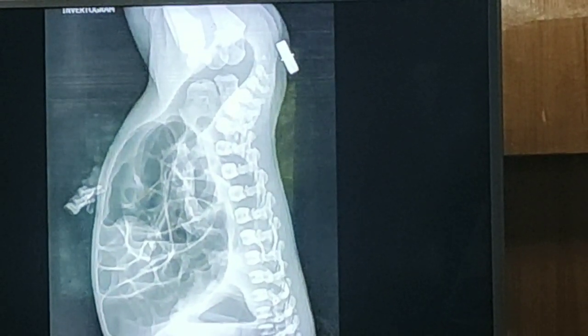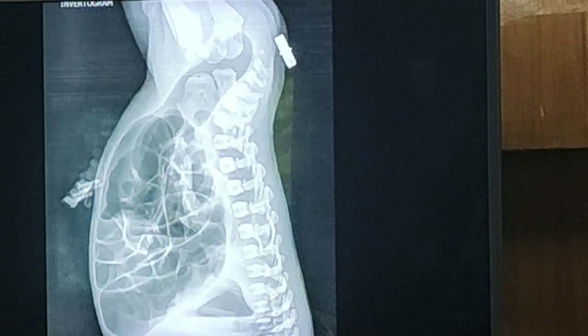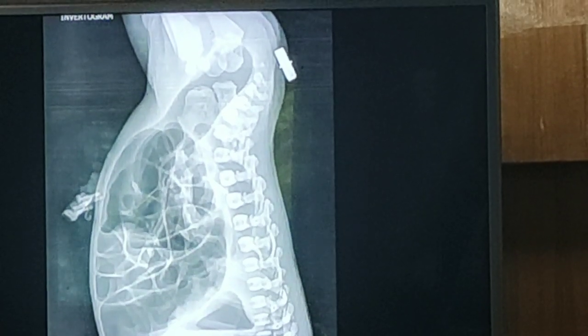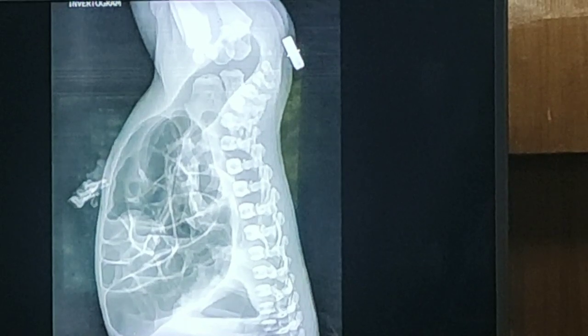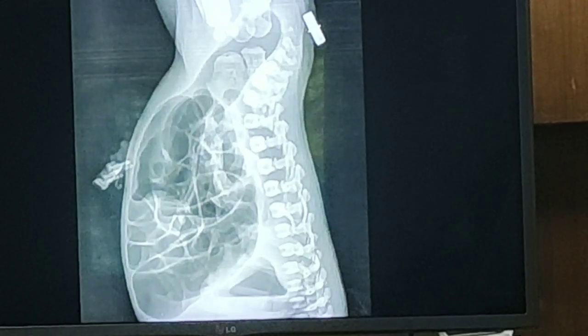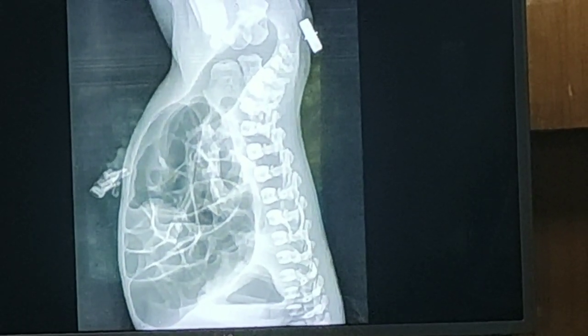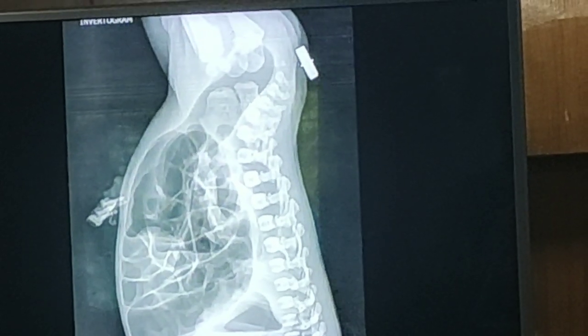It should be done at least 24 to 48 hours after birth, because the gas shadow needs to reach the end point of the rectum. Until the gas shadow reaches the end point of the rectum, the X-ray is subject to error. How to measure?